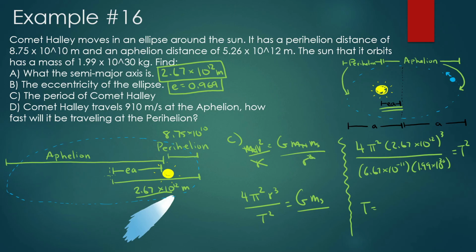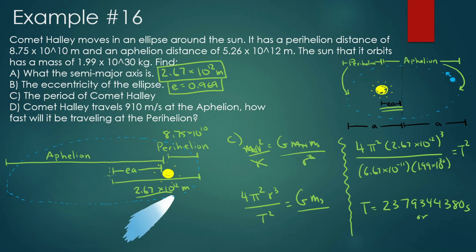3 divided by 6.67 times 10 to the power of negative 11, 1.99 times 10 to the power of 30. And what we should get is a period of 2,379,344,380 seconds. Or, let me just convert this into years.